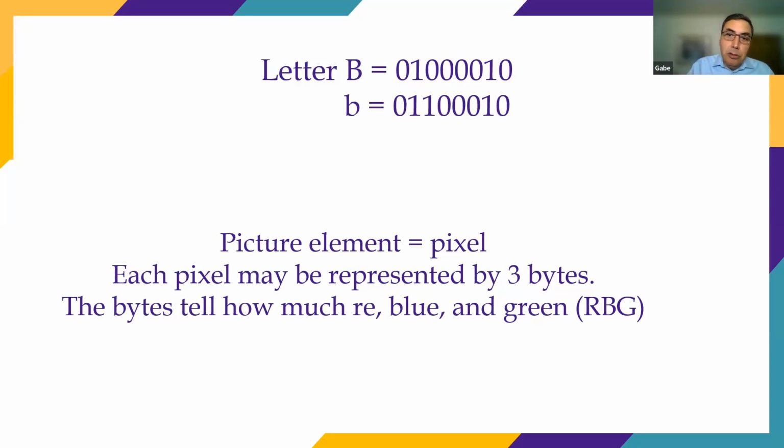And we just saw a few minutes ago what a byte is, right? A byte is just a series of 8 numbers. And each byte may tell the computer how much red, how much blue, or how much green is on the screen, so it can create the picture. Everything is a series of numbers.